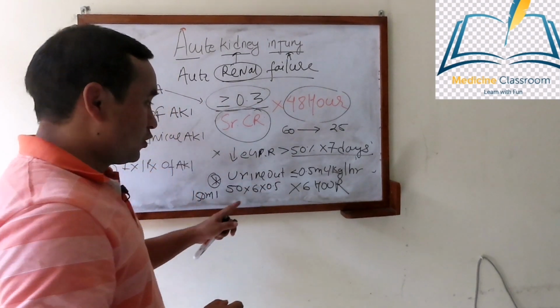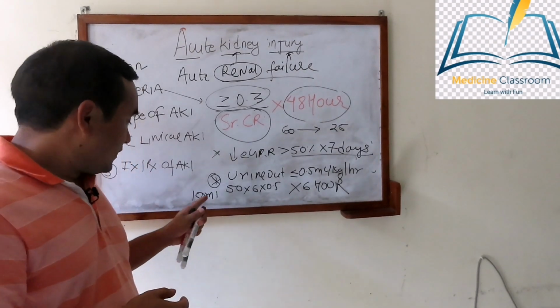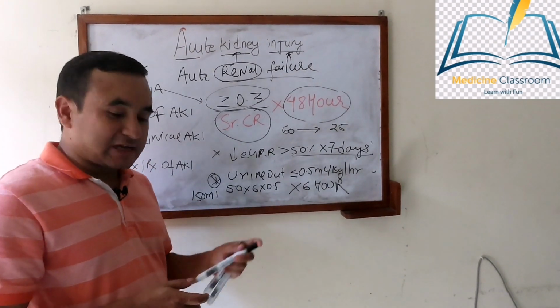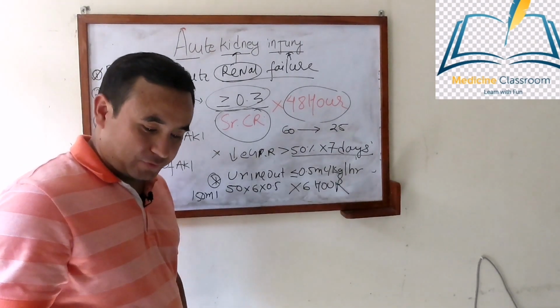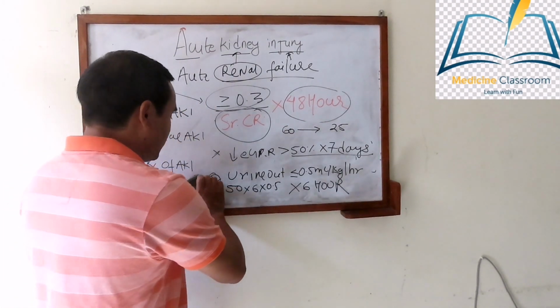If the 50 kilo person has less than 150 ml of urine in 6 hours, then that is also AKI.